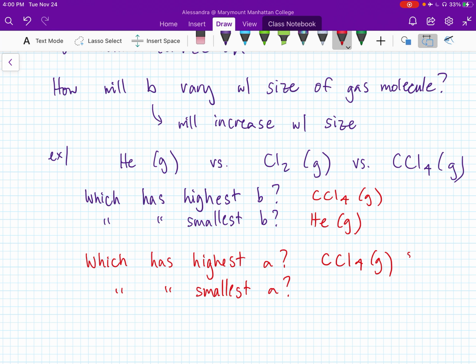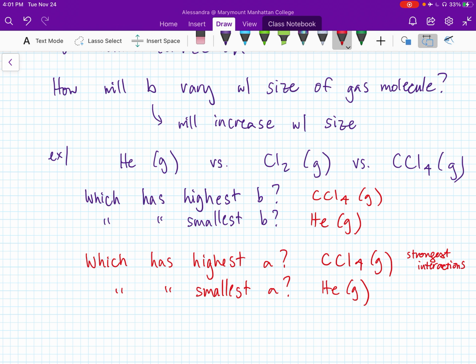It's going to have the strongest interactions. None of these molecules is polar, but if we had a polar molecule, that one would be the one with the highest A. The smallest A would be the smallest gas in this case. We'll go into that in a little bit more detail next semester when we talk about intermolecular forces.